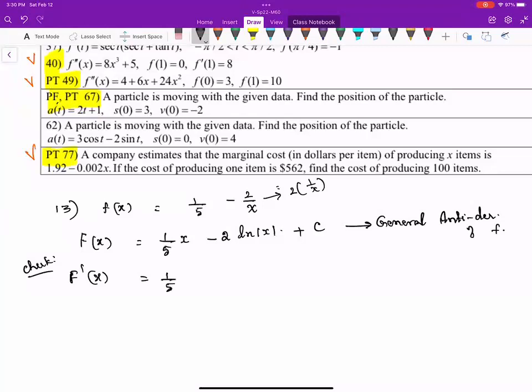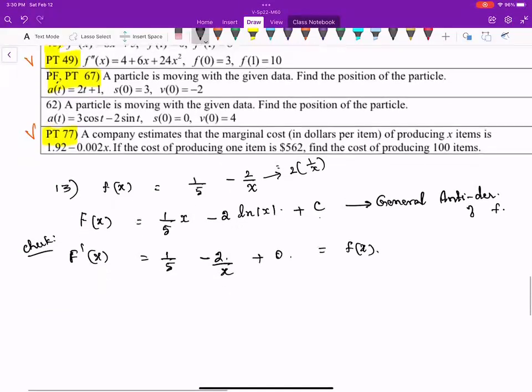So derivative of that is 1 over 5 minus 2 ln of absolute x, that will be 1 over x, plus derivative of a constant, which is equal to 0. So you notice that the derivative of our answer gives us the original function. So that clearly verifies that uppercase F is the antiderivative of lowercase f.